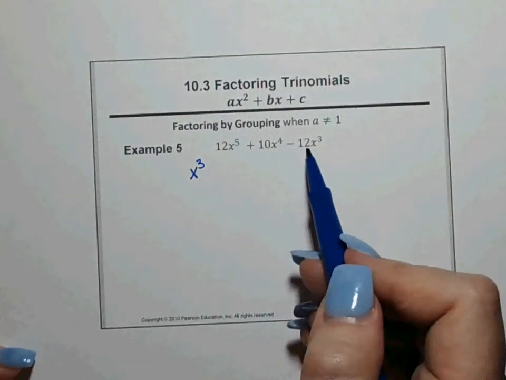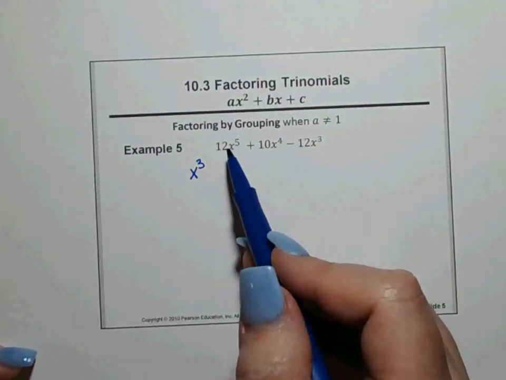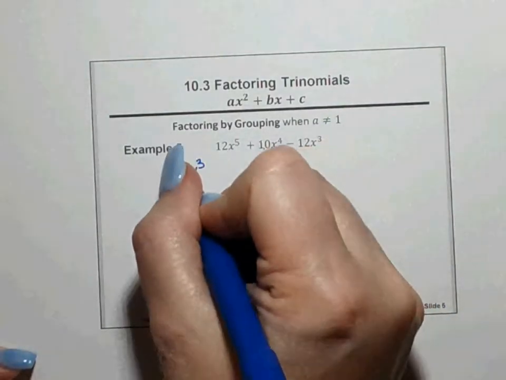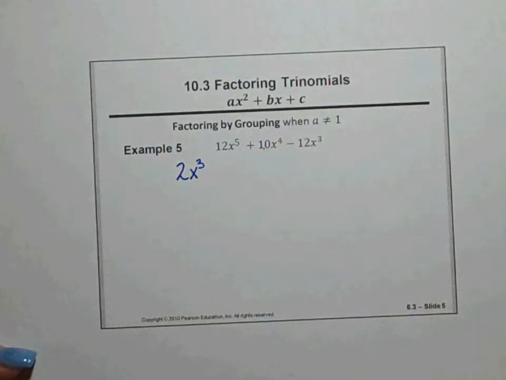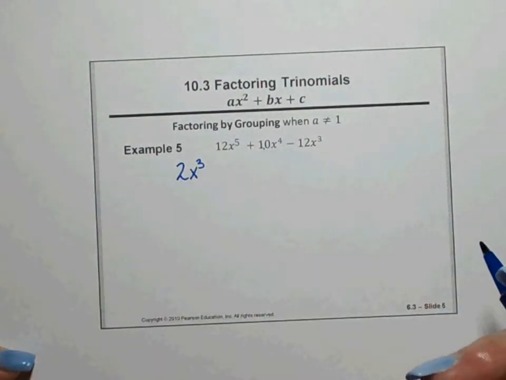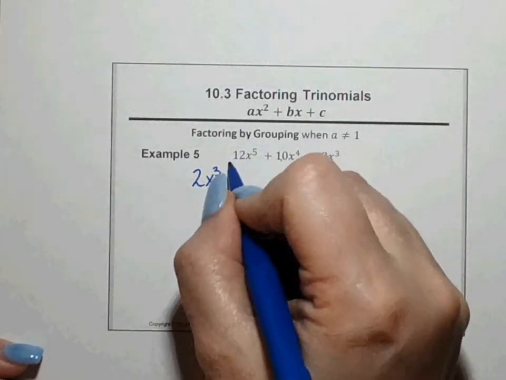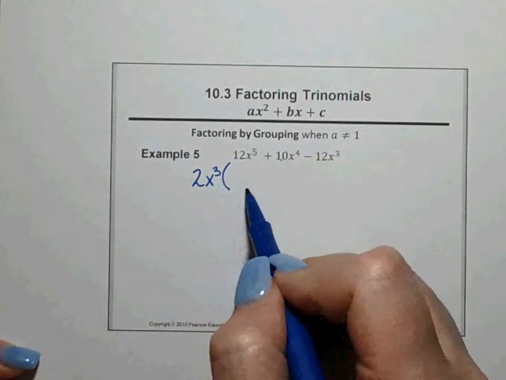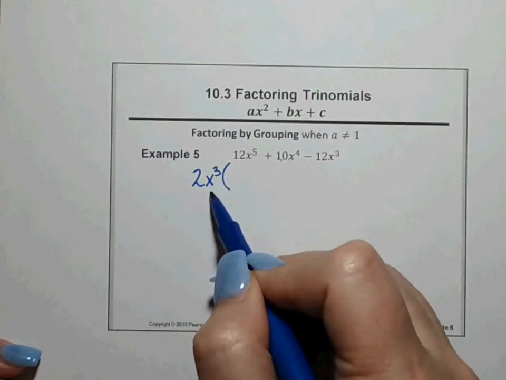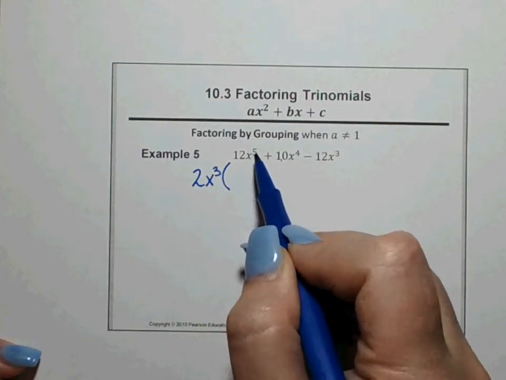And then let's look at these coefficients out here. So it looks like they're all going to have a 2 in common. So I'm going to factor that out first before I multiply my AC together. So that means that inside my parentheses, I need to figure out what I multiply this 2x cubed by to get to 12x to the fifth.